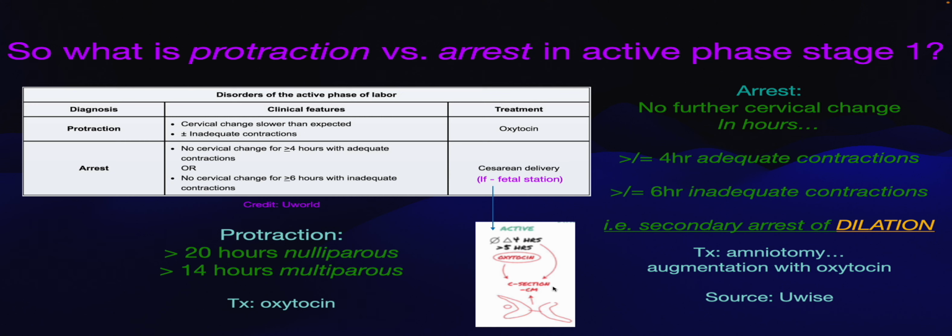The caveat is that we need the fetal station to also be a negative value. So fetal station is the relationship between the presenting part of the fetus and the ischial spines. And so if the presenting part of the fetus is 1 centimeter above, that would be a value of -1 for fetal station.